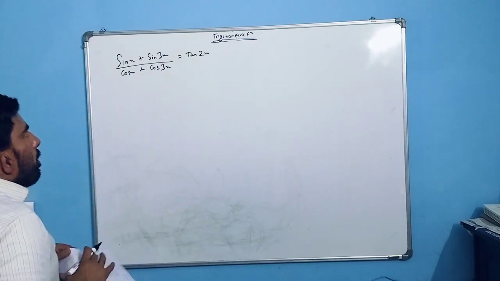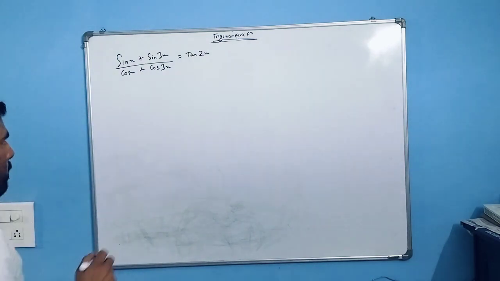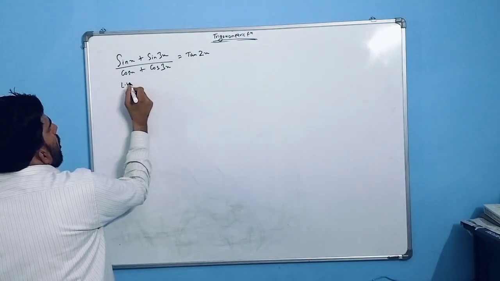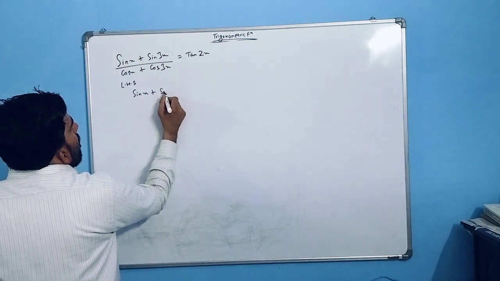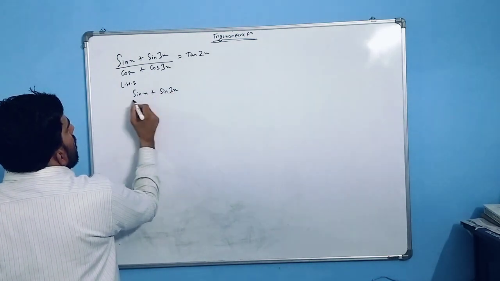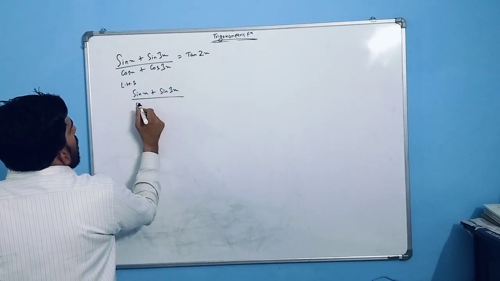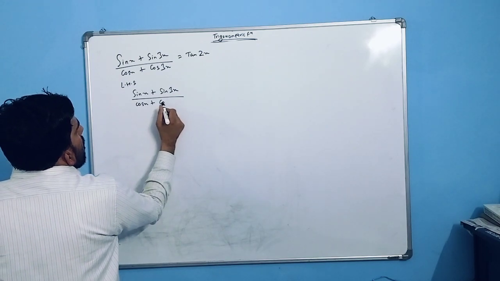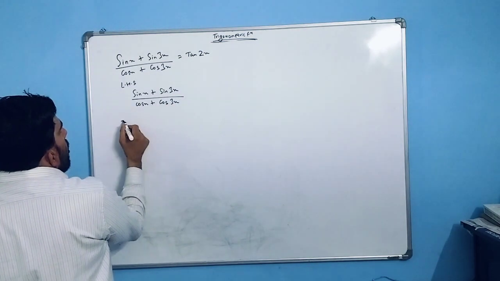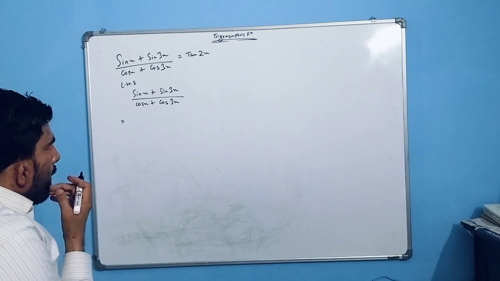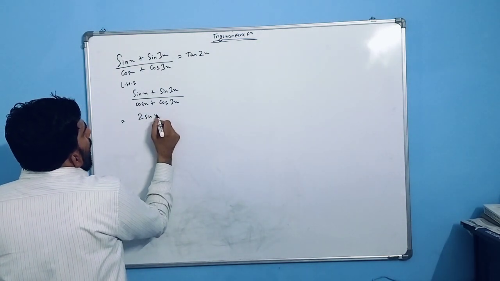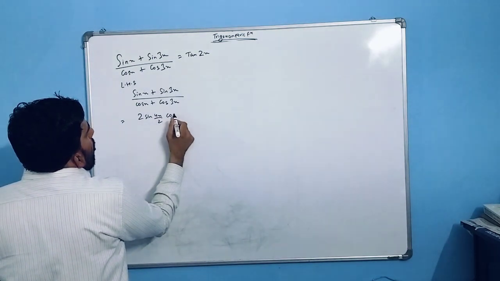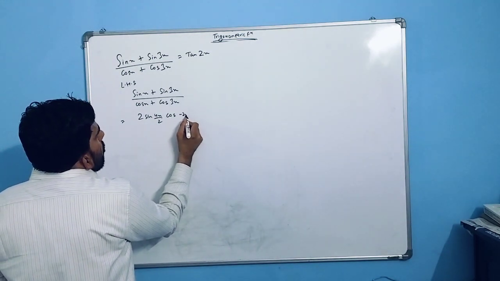So now we'll try to solve the LHS first. The LHS given is sin x plus sin 3x upon cos x plus cos 3x. Here we will apply the identity sin x plus sin y, that is 2 sin of (x plus y) by 2 cos of (x minus y) by 2.